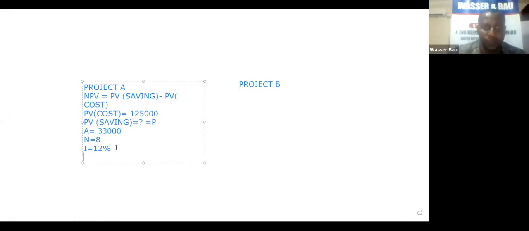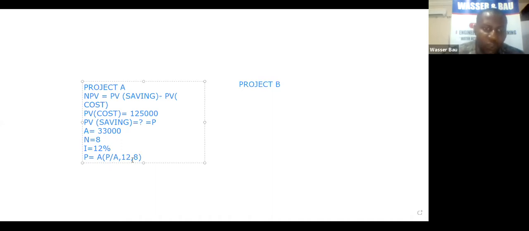So the P from our formula interest table is given as A into P over A at 12%, 8. Are we together?